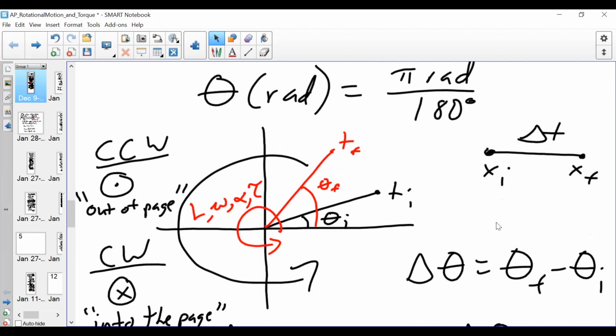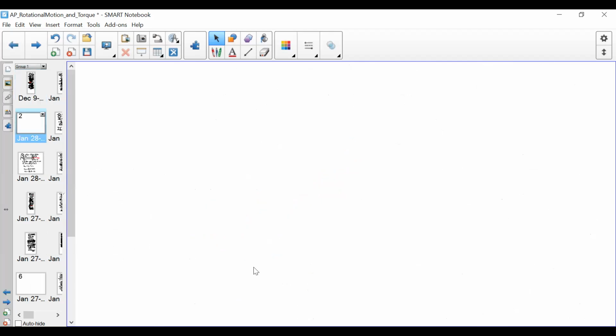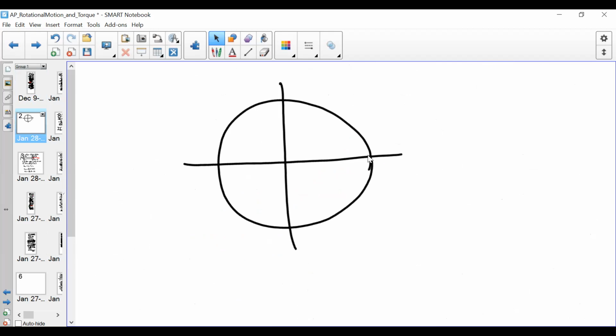Now, in this picture here, I think I'd rather redraw this and just talk about it in real time. Okay, so let's take our circle, and let's say at some point in time, we're going counterclockwise.